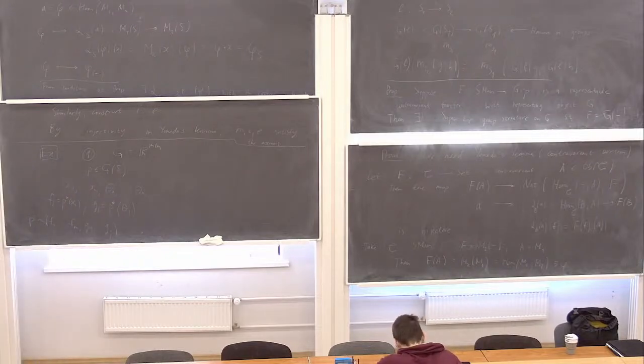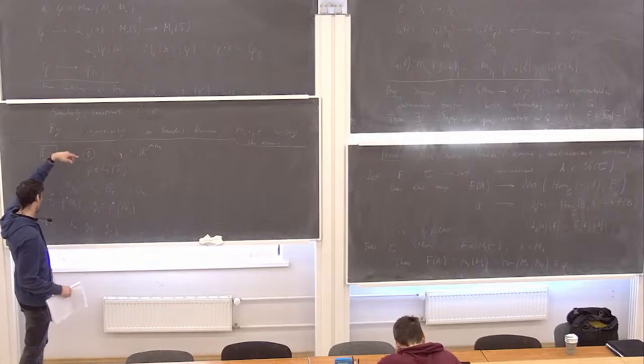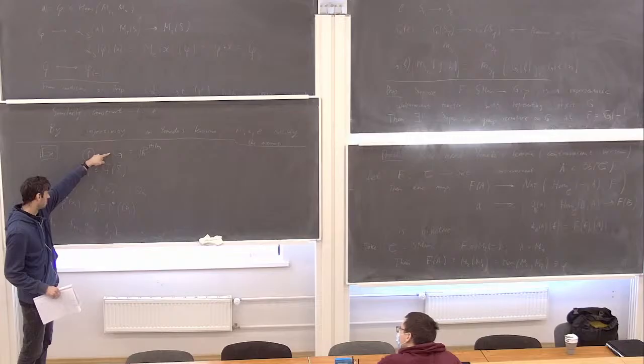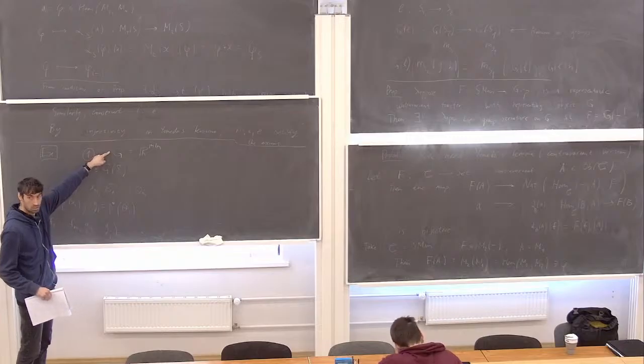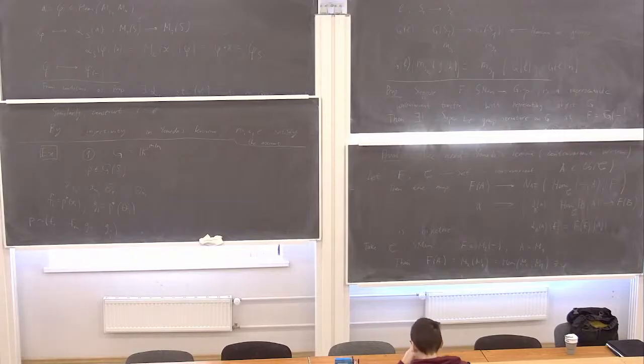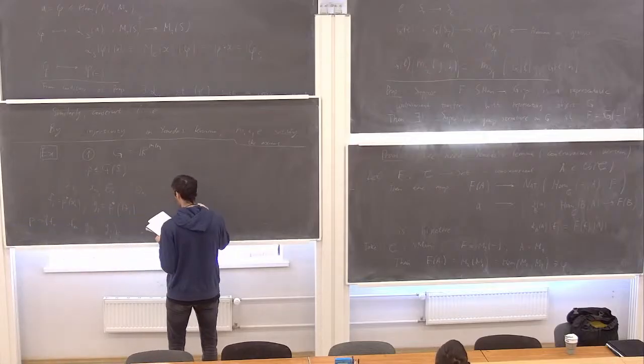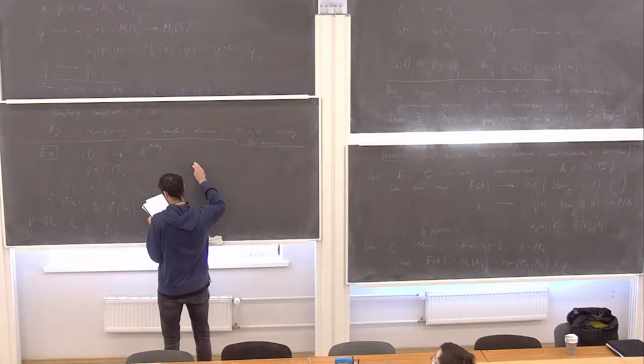These are even and odd sections inside O_S, right? So each P is the same as such a thing. Then I need to find the product, which is just addition here.